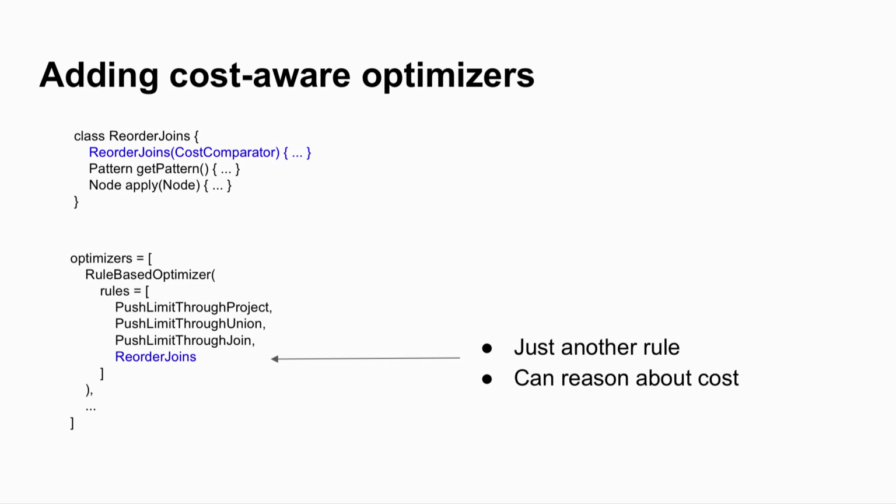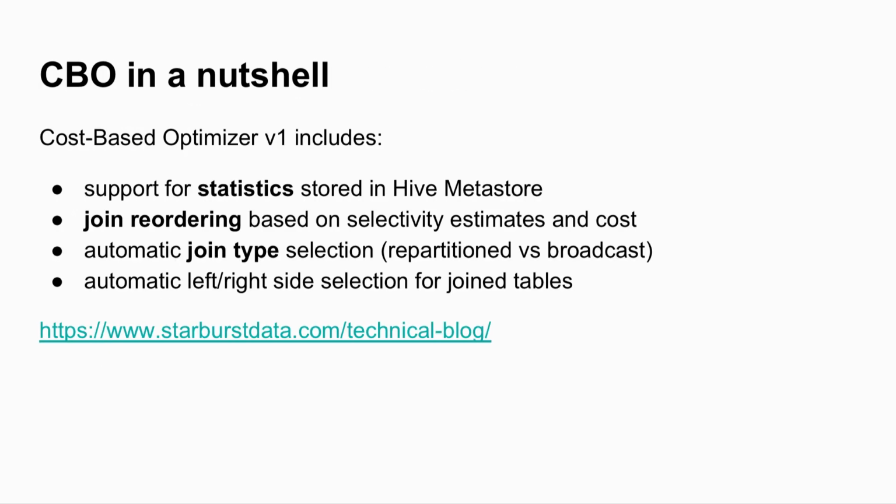Those rules can be fed with information about the cost and the shape of the data, and the ability to evaluate the cost of different parts of the plan. Then they can make local decisions, in this case for example, how to reorder joins based on the estimated cost. So this just appears as regular rules to the system. It's just that they can take cost into account in order to decide whether to make a transformation or not. Right.